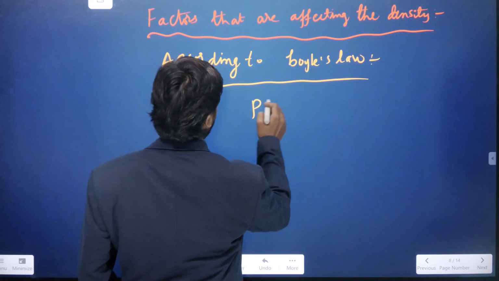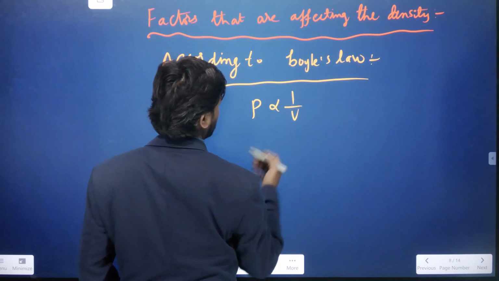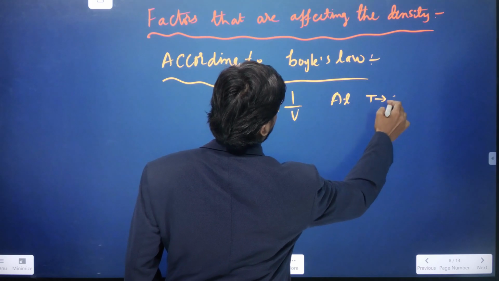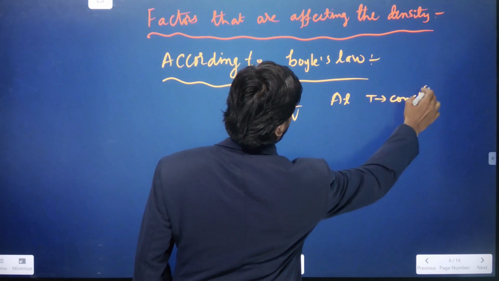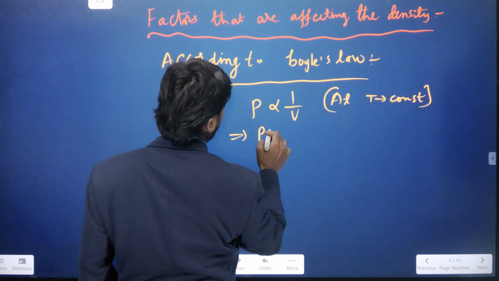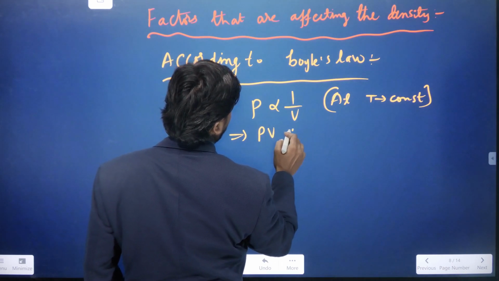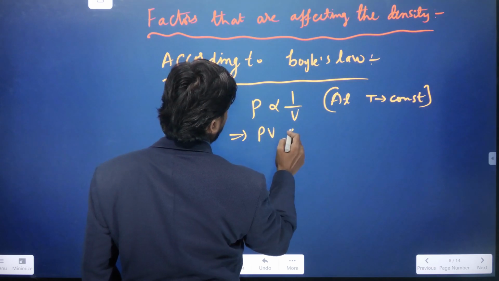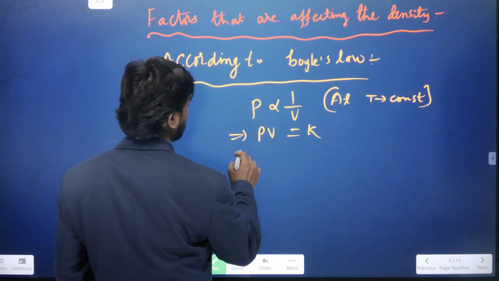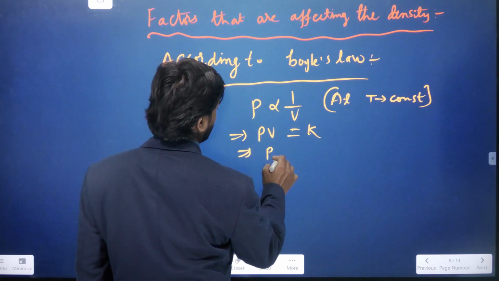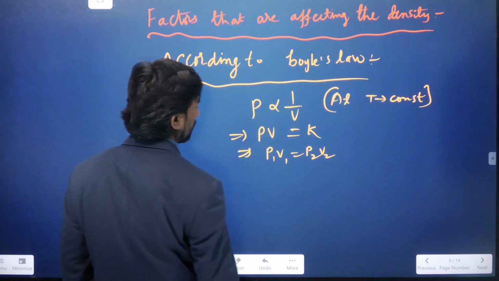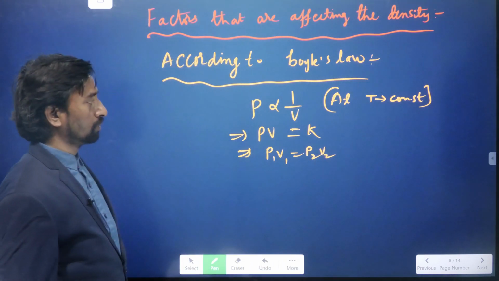So P is inversely proportional to volume at T constant. Now from this, if we remove the proportionality, we can add a constant, so that this equation can also be written as P1 V1 equals P2 V2.